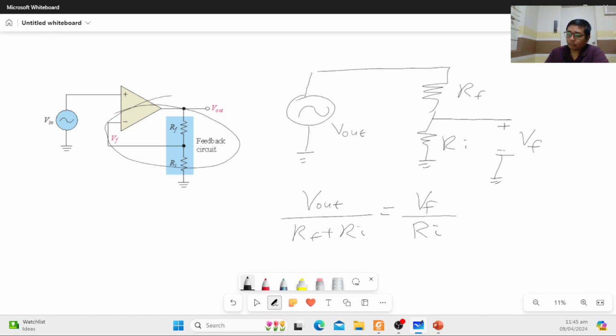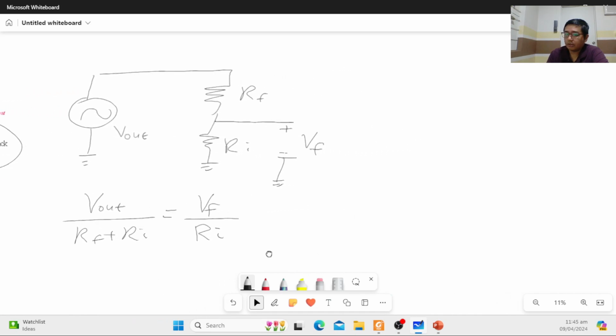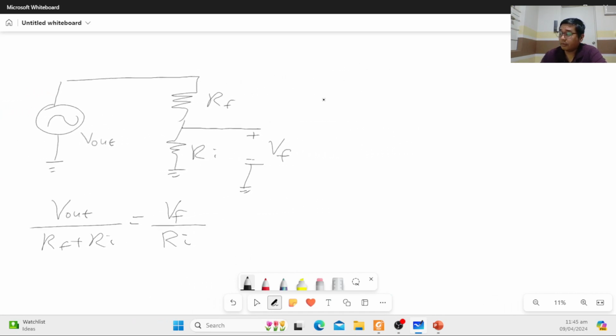So we can now write down the equation for V sub F. So V sub F is equal to R sub I over R sub F plus R sub I times V out. So we know here that the output is divided between RF and RI.